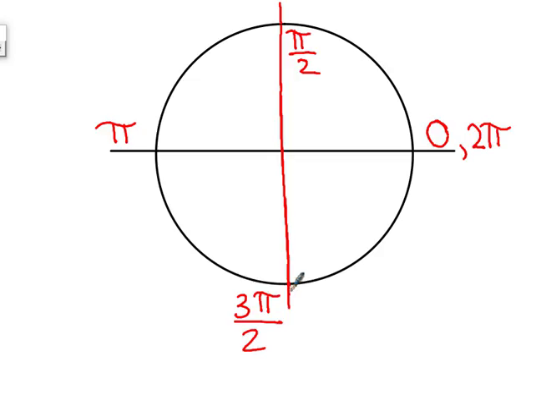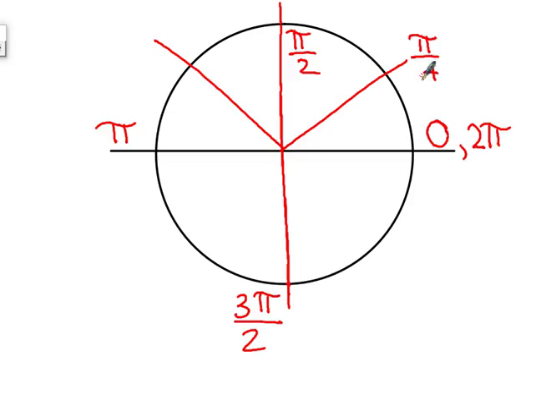Let's break these into smaller divisions. Going halfway from 0 to pi over 2, that would give me 1/4 of pi. Now if I draw in one more section here, dividing from pi over 2 to pi in half, that gives me another 1/4.